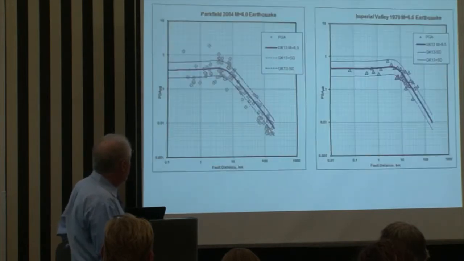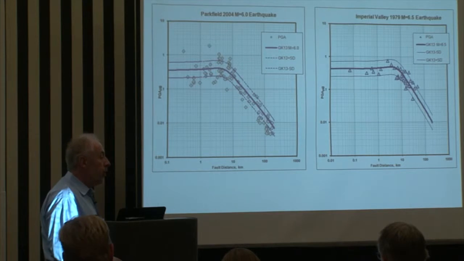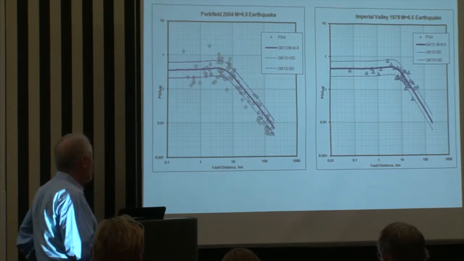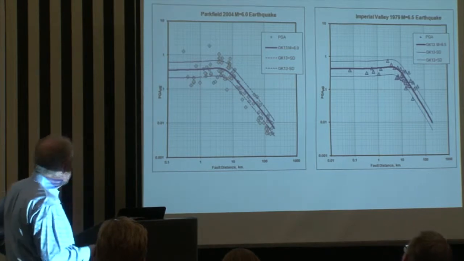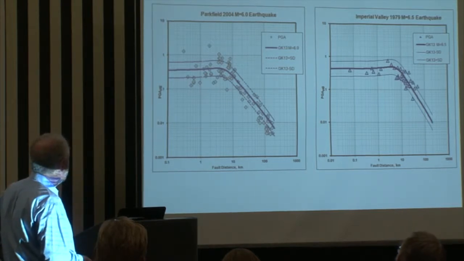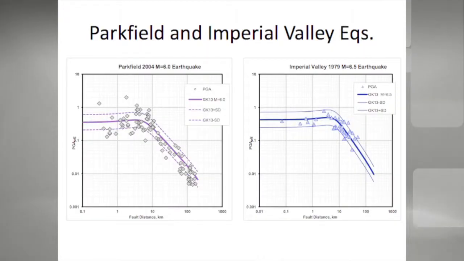Now, let's look at these first 2. Do they have a bump at a certain distance? I would say yes. We are saying yes. Of course, it can be a matter of interpretation, but clearly there is some increase in amplitudes at a certain distance, and this bump is actually magnitude dependent.